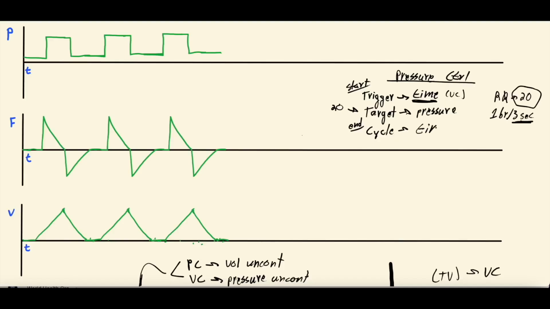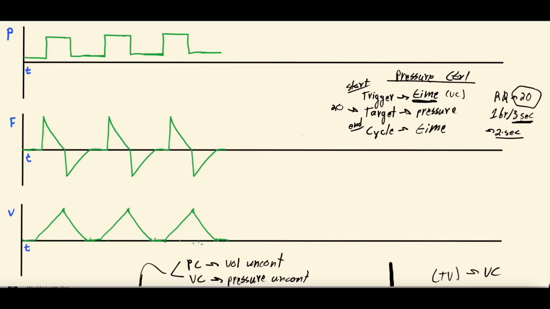Well, time as well. Because each breath, and this is a more advanced setting, only lasts a certain amount of time, right? Let's say, just making this up for easy numbers, that you said the breath can last for 2 seconds. The ventilator will cycle or end that breath at the 2 seconds that you set. And ventilators are smart.